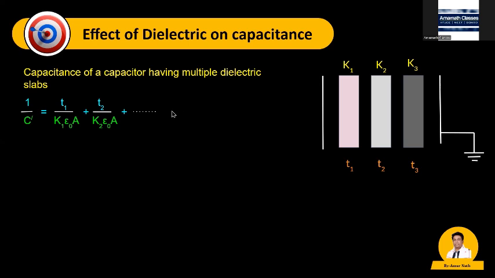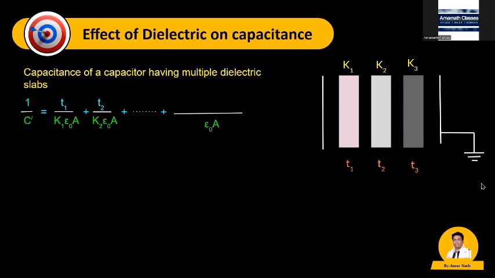And remember, this is only for the dielectric capacitor, but one air capacitor is also there, this one. As a whole, the capacitance of the air capacitor will be what? It is nothing but epsilon naught A divided by the gap. The gap is not T1 here.